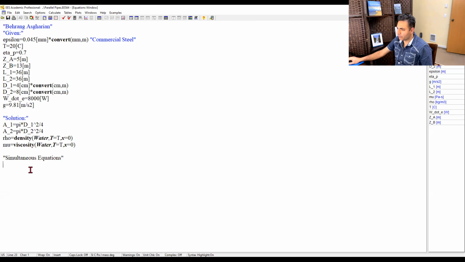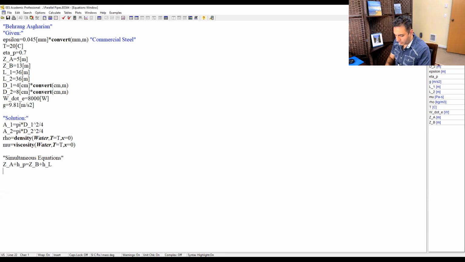Okay, so the first equation that we're dealing with here was the energy equation, also known as the modified Bernoulli equation. ZA, if I remember correctly, plus HP, pump head, equals ZB plus head loss. That's one equation. It looks good.